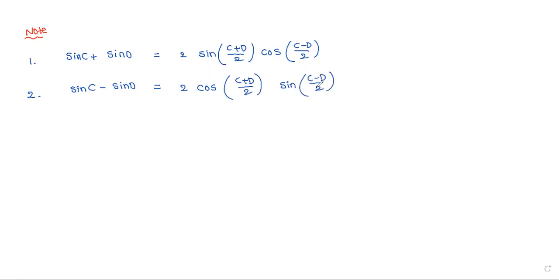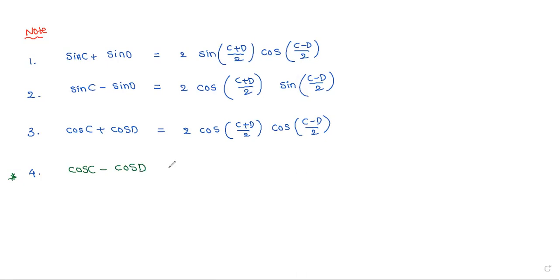Cos c plus cos d is 2 cos of c plus d by 2 cos of c minus d by 2. Very important formula: cos c minus cos d is minus 2 sin of c plus d by 2 sin of c minus d by 2. Very important one. Okay, right.